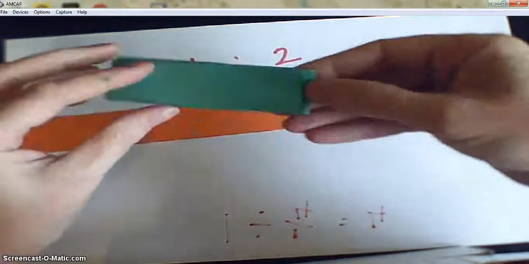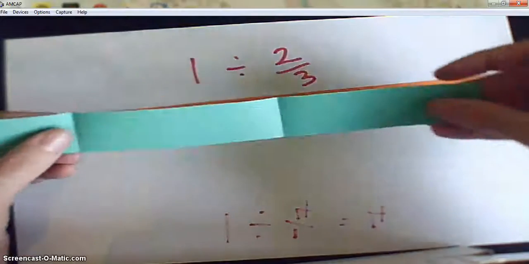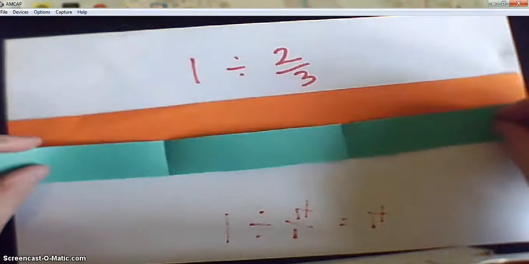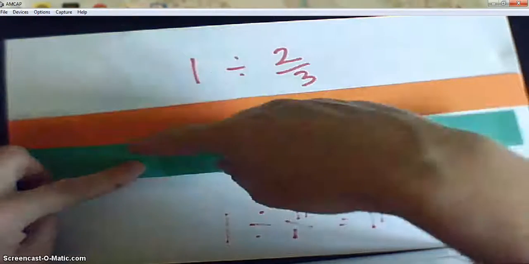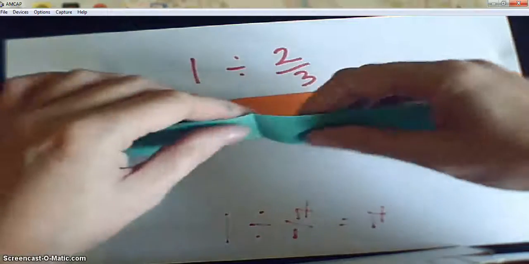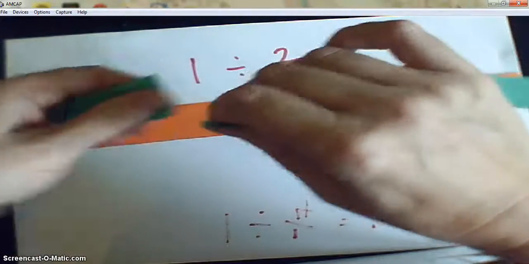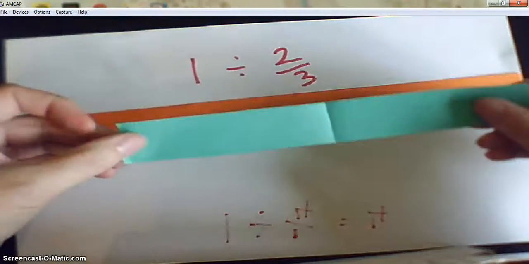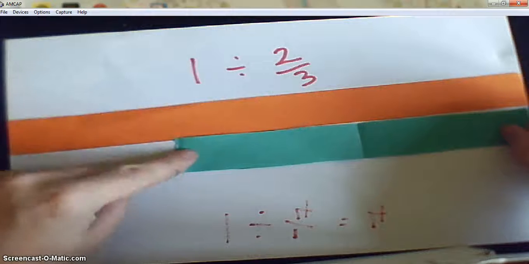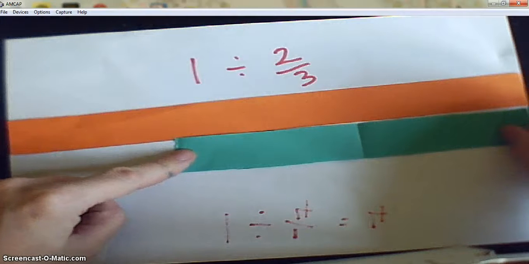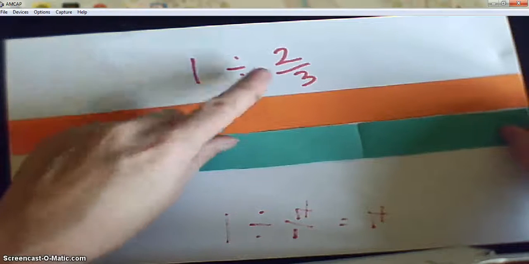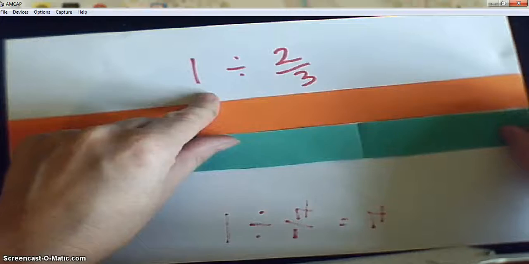There we go, it might not be exact, but I'm sure you can take more time over it. I've got it into thirds, 1, 2, 3, I need 2 of them, so I'm going to get rid of that. So I've now got 2 thirds of a whole, as you can see there.